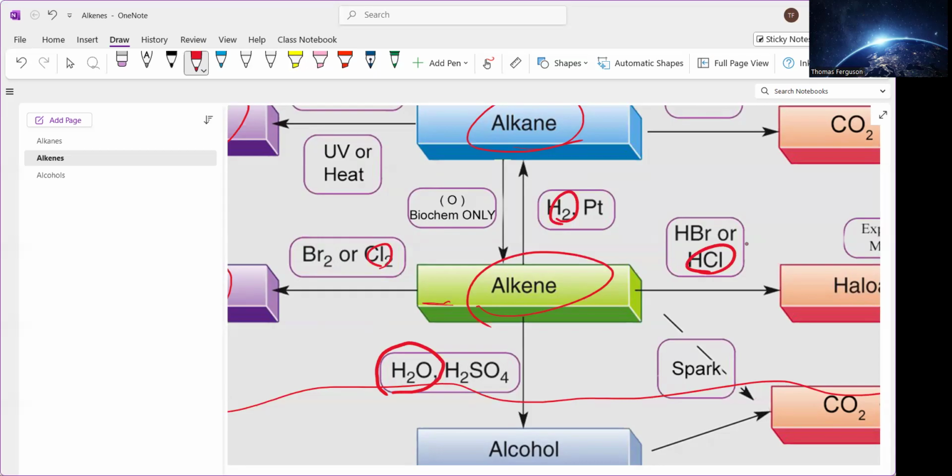Notice when we do that, what do we make? We make an alcohol. We're going to see on Thursday how to synthesize alcohol. We start with a double bond, add water. Boom, becomes an alcohol.